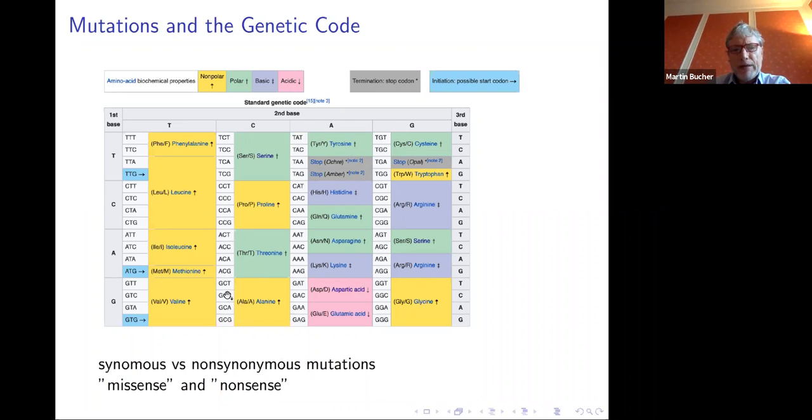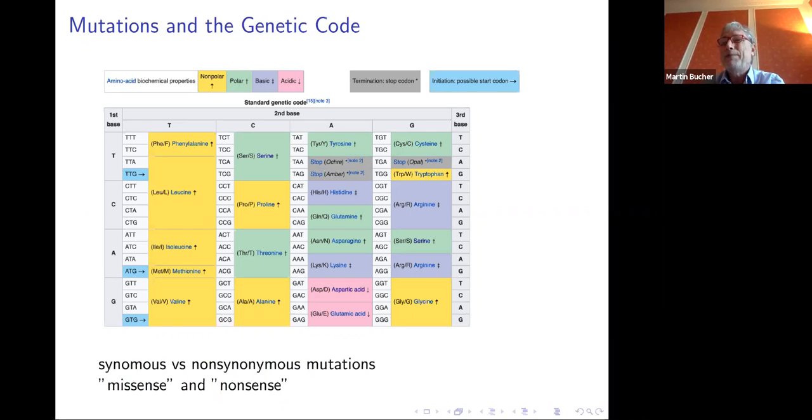But this is the table that you've already seen, and this redundancy is sort of interesting because there are some changes that are called synonymous, especially in the third part of the codon, where it doesn't make any difference.